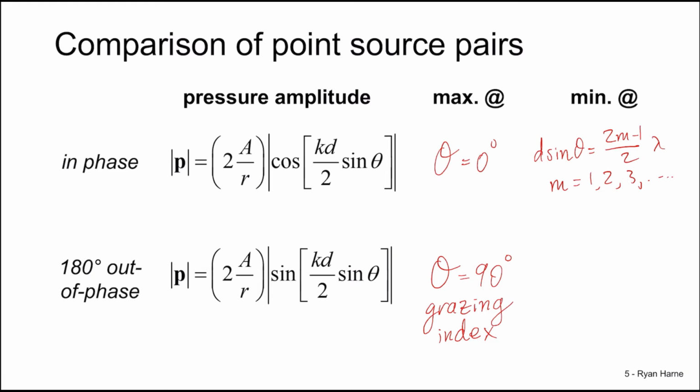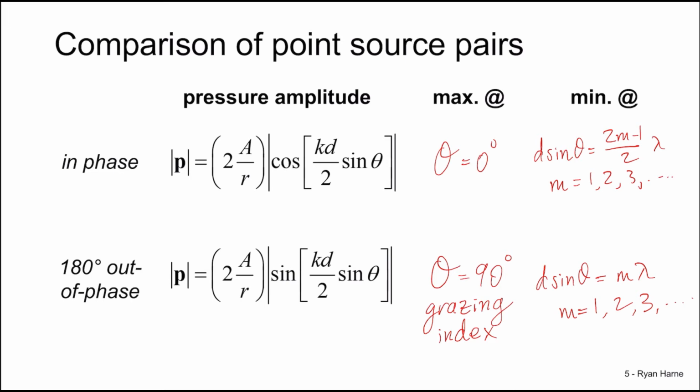In this case, sound is minimized when d sine theta is equal to m lambda, where m is equal to 1, 2, 3, and so on. In the case for the in-phase point source combination, this criteria was actually the maximizing approach, whereas for the out-of-phase point source combination, this exactly eliminates all of the sound delivery due to perfect destructive interference.